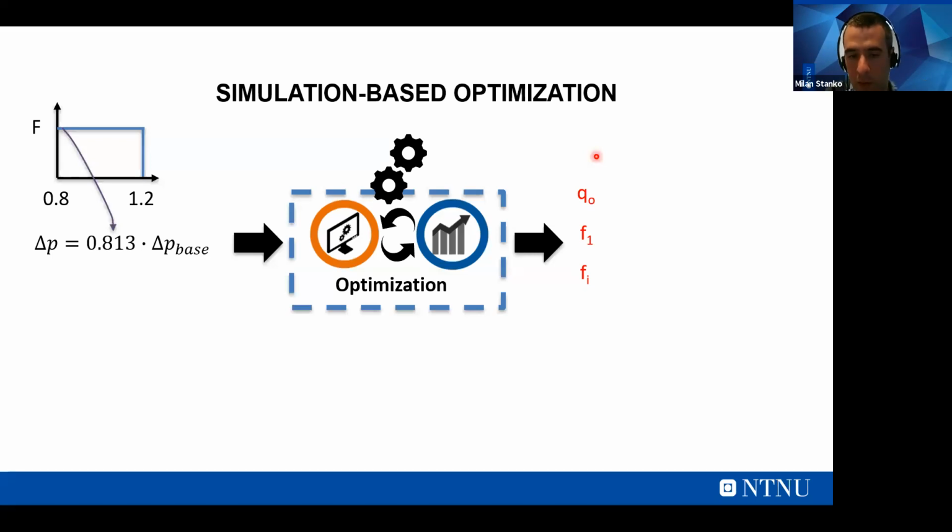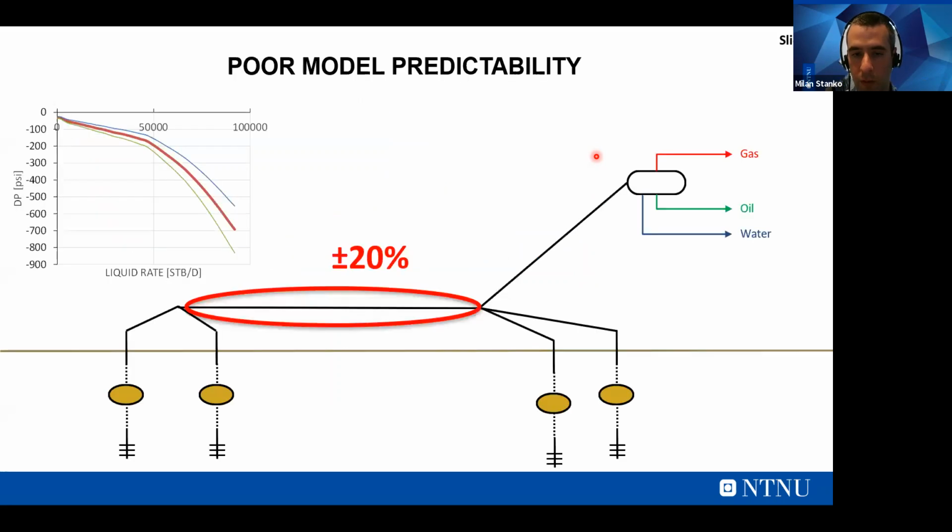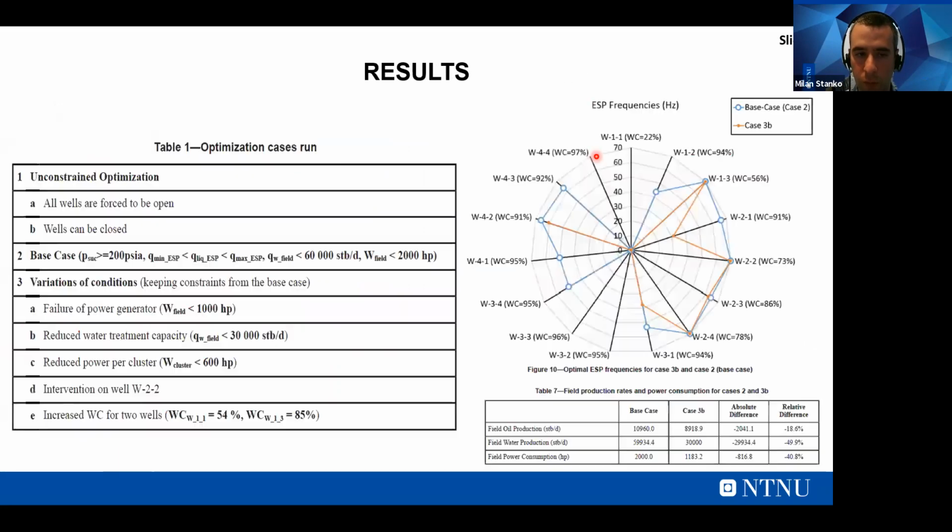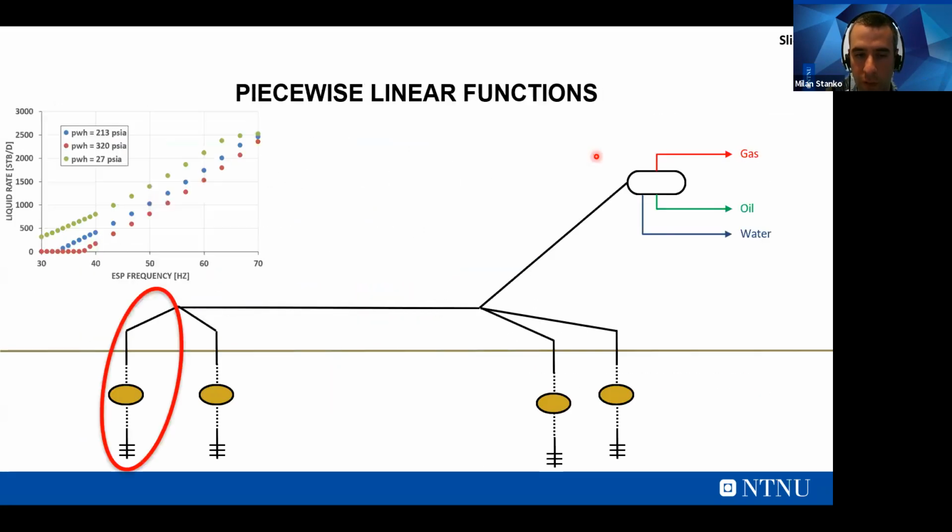So stochastic, we really didn't use it here, and maybe it's interesting to use. I think definitely including both variables, the frequency and the diluent injection, is going to be more challenging. But if the problem runs and it can be solved, for sure this method will find a solution. The only thing is, if the size of the problem becomes too big, then it will take a long time to find a solution, and it's going to be impractical for application in the field.